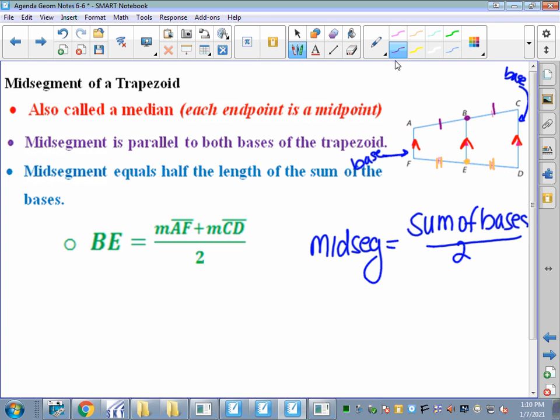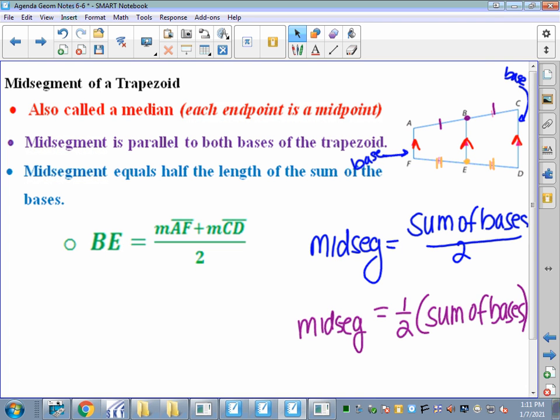Or if you're a fraction person, the mid-segment is equal to half the sum of the bases, whichever one you like better. But that formula, if you write out the whole thing, is going to serve you well because then we can plug that in and we can do some math.